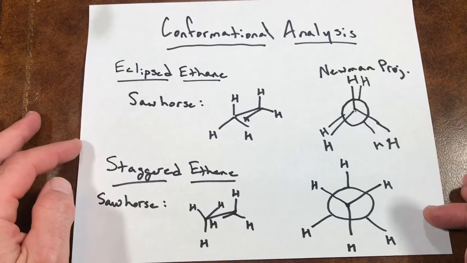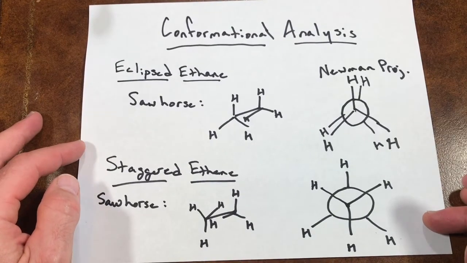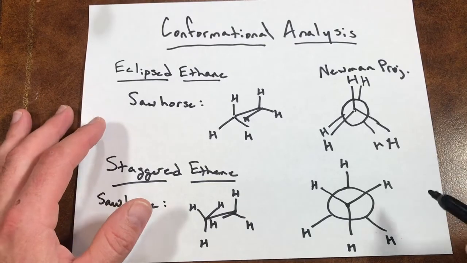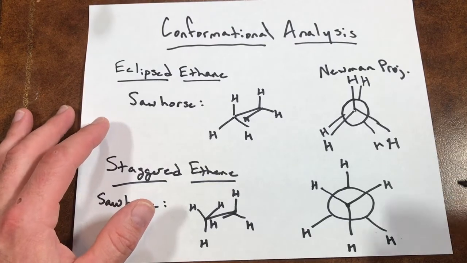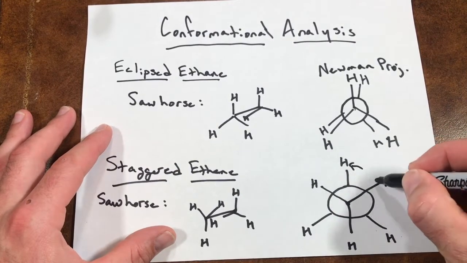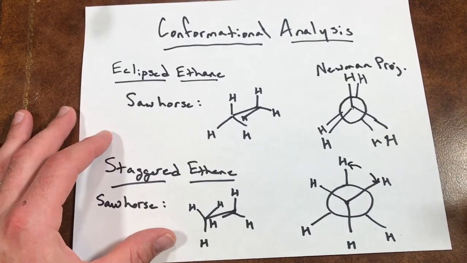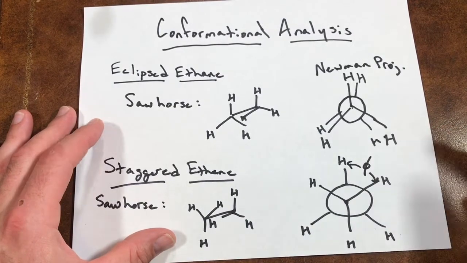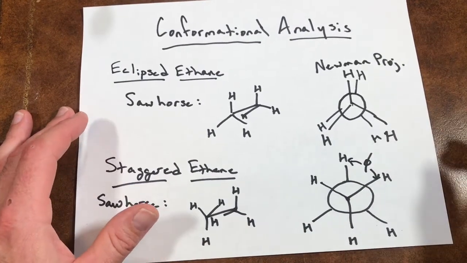So here are the two staggered ethane conformers. One is the sawhorse and the other one is the Newman projection. Some things that we should talk about here is that often this angle right here between hydrogens on adjacent carbons is called the dihedral angle, which is often abbreviated with a phi.